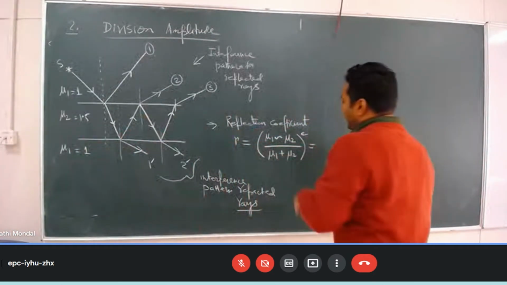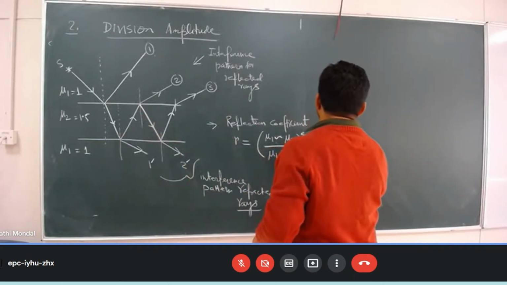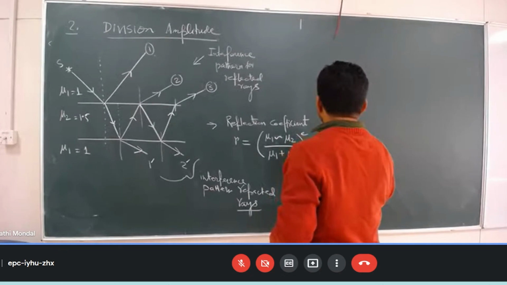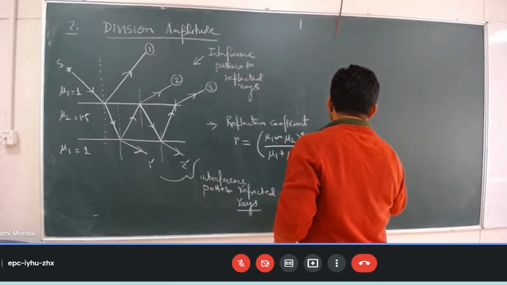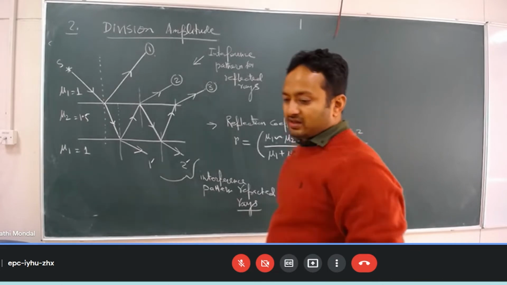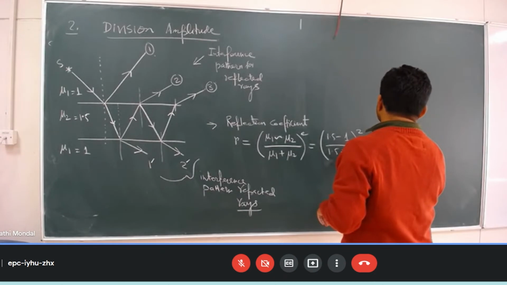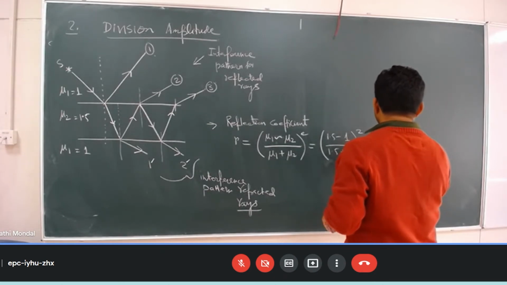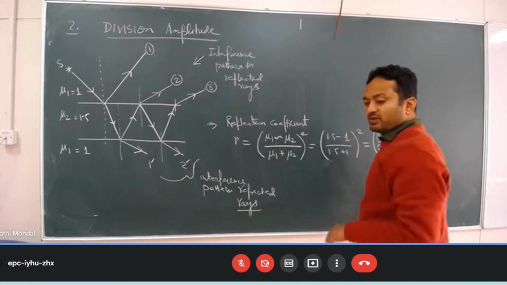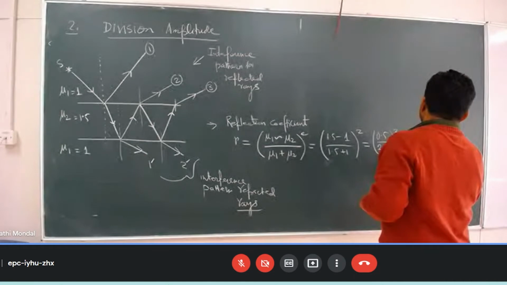So now if I put this in, let's say mu2 is 1.5, then (1.5 minus 1) divided by (1.5 plus 1), which is 0.5 divided by 2.5, whole square. That will give you, I think, 0.04.